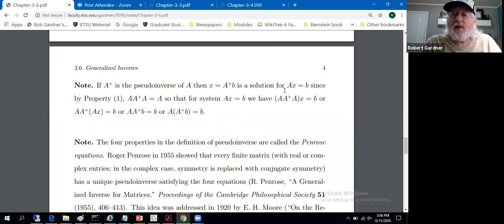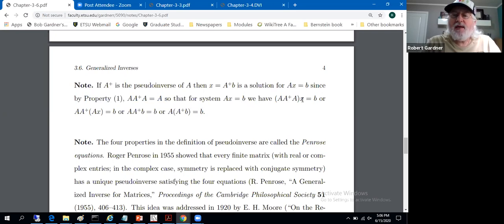So suppose AX equals B. We know that A pseudo inverse of A times A equals A. That's the first property of pseudo inverses, first part of the definition. So we can take AX equals B and replace the A with the A pseudo inverse times A to get this.